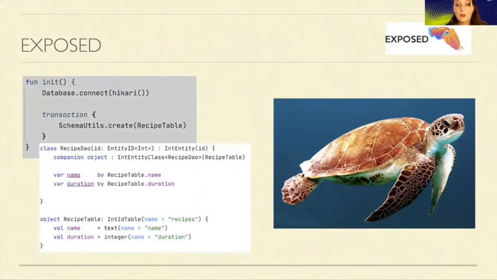And then if I want to build up queries and work with my database tables, I can, in the latter part of the code example, declare a table, which in this case has an ID of type integer with the name recipes and has 2 columns. And I can then declare a class representing each single row in that table, which looks like this.